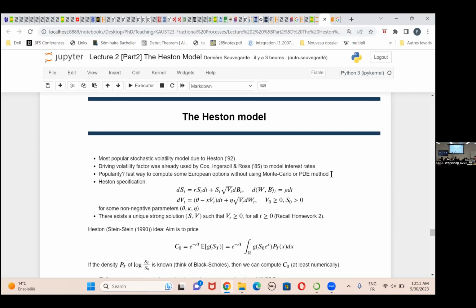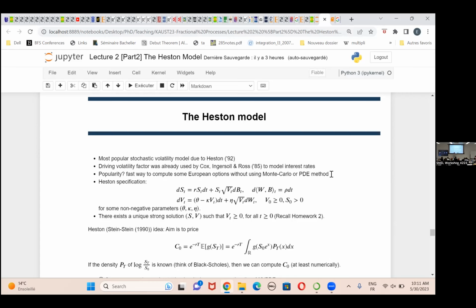But usually when you have an SDE, it's very difficult. I mean, you have a very nice way to describe dynamically the evolution of the process, but usually it's very difficult to get the density of the solution of your SDE, unless you have a very specific configuration. And in this case, you get access to the characteristic function, which is the Fourier transform of P. So if you apply the Fourier inverse, P is the Fourier inverse of the characteristic function, which is known in closed form.